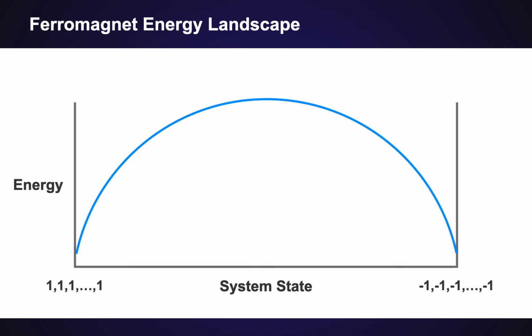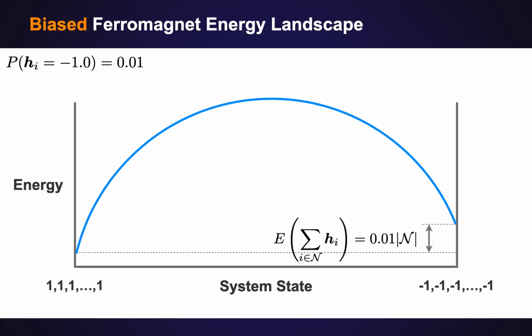So if you have a standard ferromagnet with no bias in it, you have 2 deep wells at the extreme points of this picture, where everything is 1 and everything is -1. So these have the exact same energy. What we've done by putting a few rare biases on some of the spins is that we've made one of these wells slightly higher than the other. In expectation, it's 0.01 times the number of spins in the system.